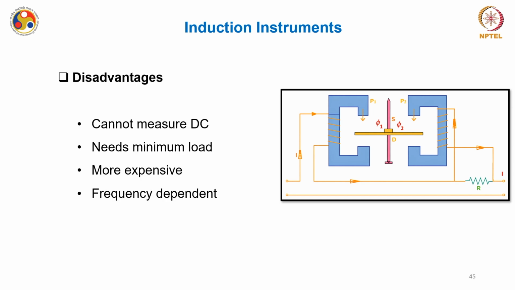The disadvantage is that they cannot measure DC. They need a minimum load for their operation because of this AC signal requirement. Because of the electromagnetic systems, they are very expensive, and these instruments are also frequency dependent, because the fluxes phi 1 and phi 2 both depend on the frequency.